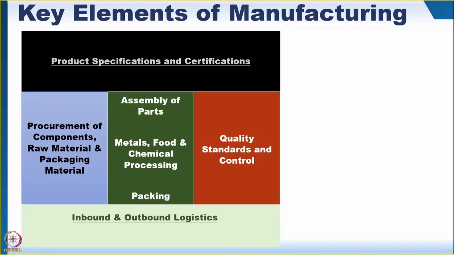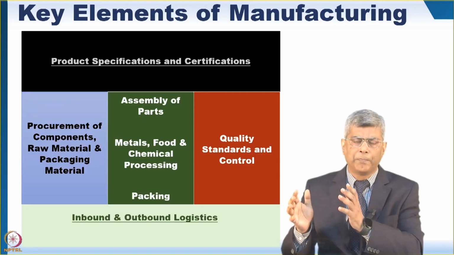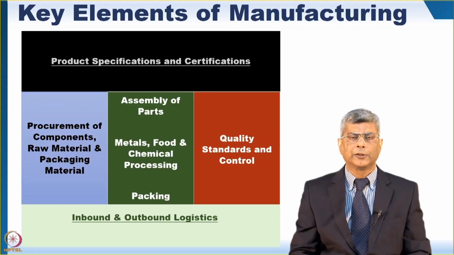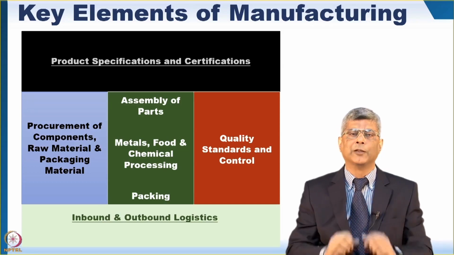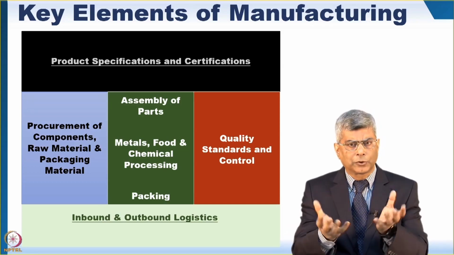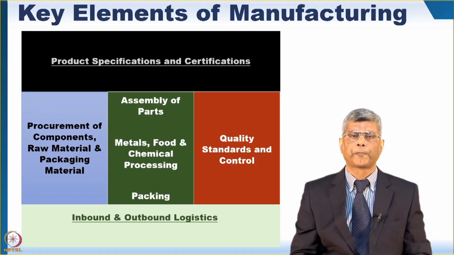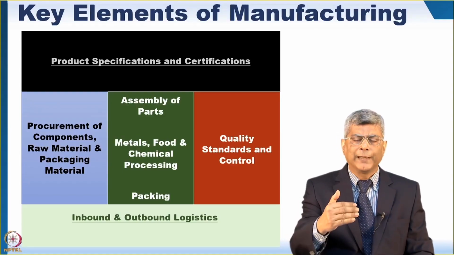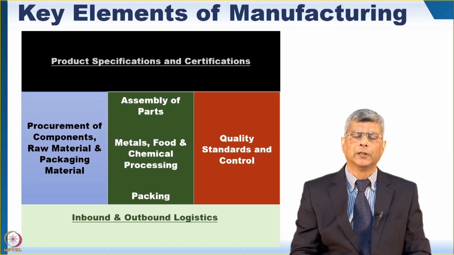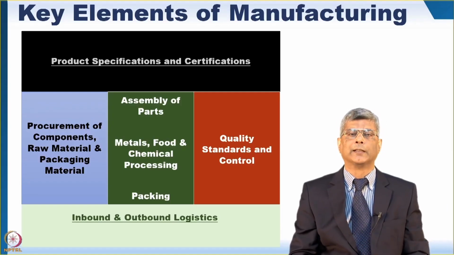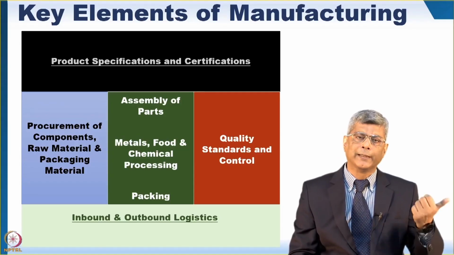Before we get into the actual pictures, let us also understand what are the different elements of manufacturing. Because manufacturing is not just one simple process. It has got many pieces to it. Manufacturing starts with first the product specifications and certifications, which is what I covered in the last module.